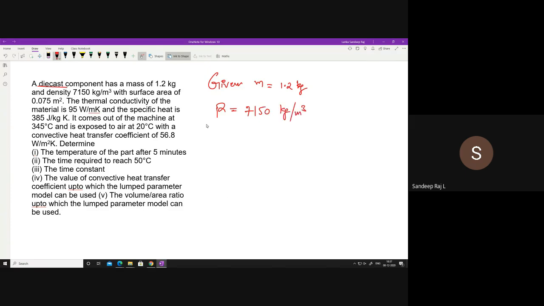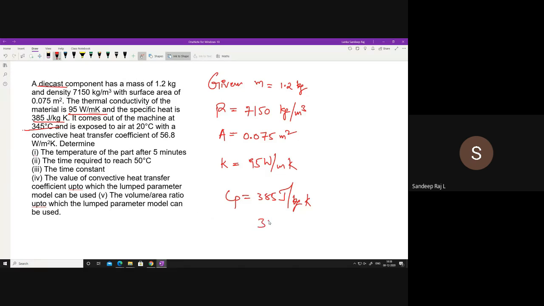The area is given as 0.075 meters square. The thermal conductivity K is given as 95 watt per meter Kelvin, and then 385 joule per kg Kelvin is given, so it will be Cp. 345 degrees centigrade is given.